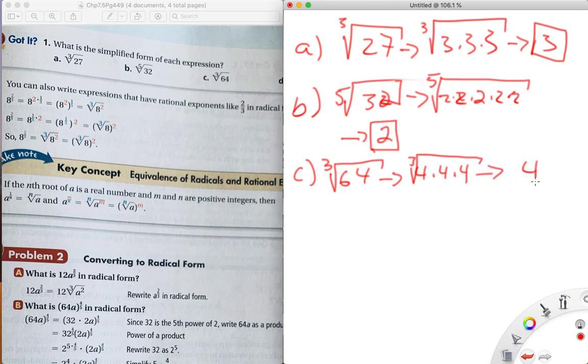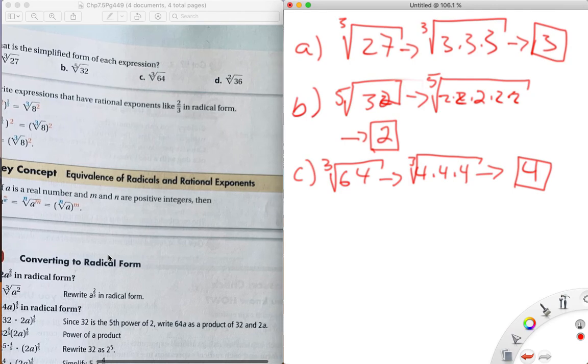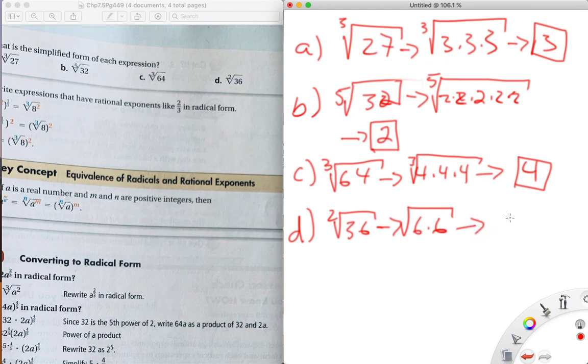So the cube root of 64 is 4. And then D gives me the square root of 36, which is 6 times 6. So the square root of 36 is 6.